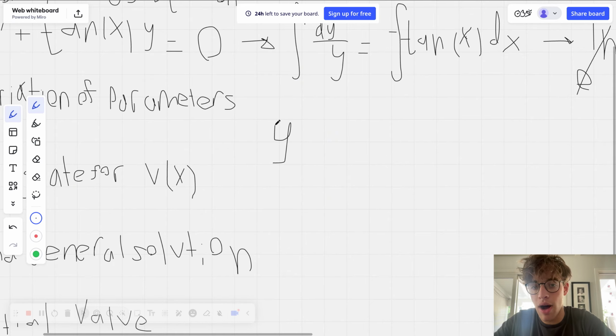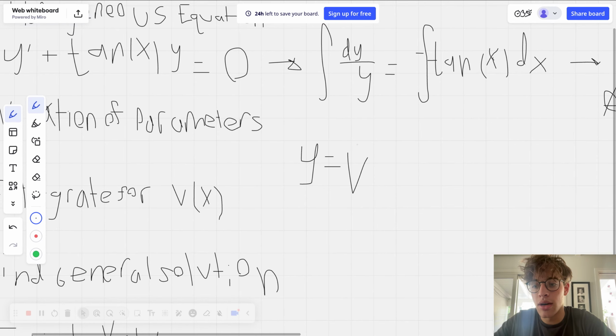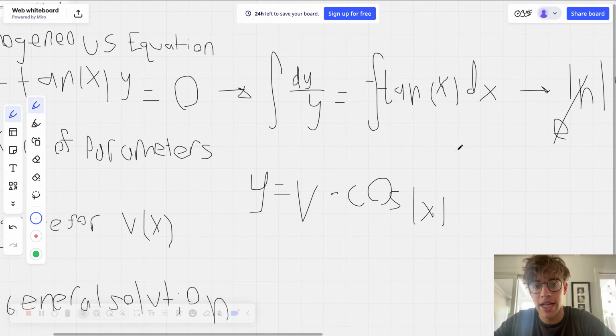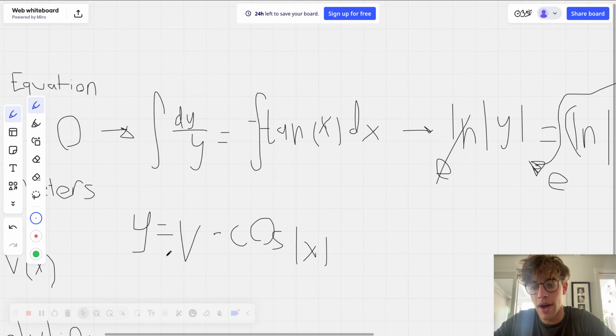So we could just let y equal, we'll just say v, times cosine x because of our solution to the first thing, so the homogeneous. You can call that u. I guess I accidentally called it y, but it's a different y, just to be clear.